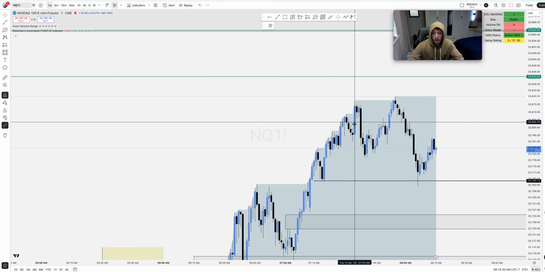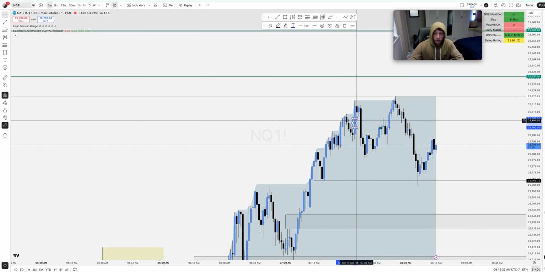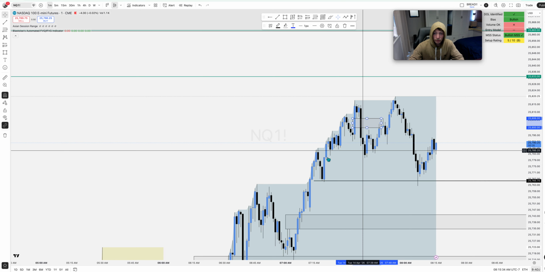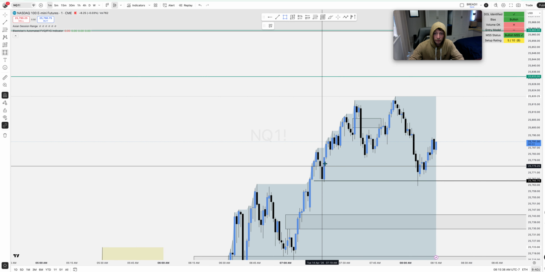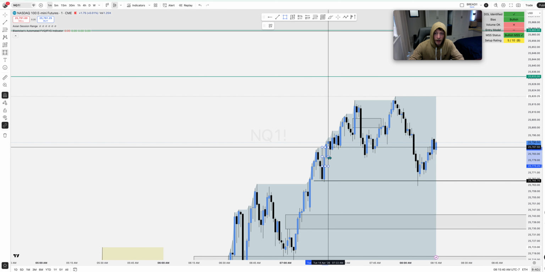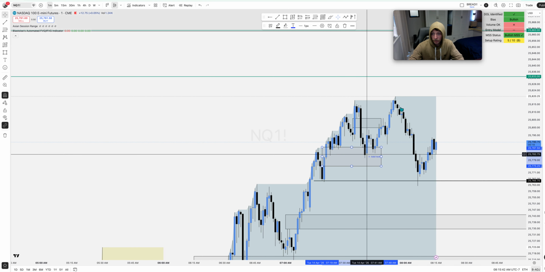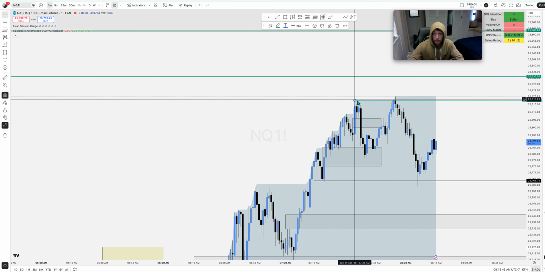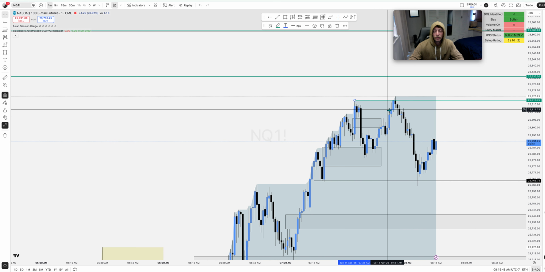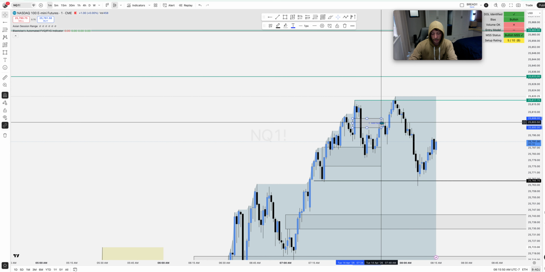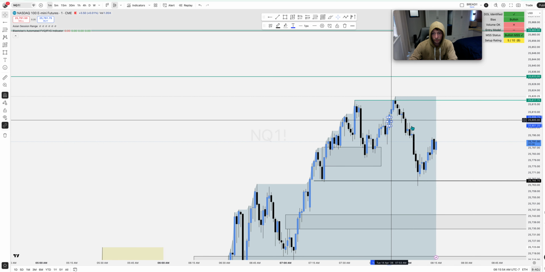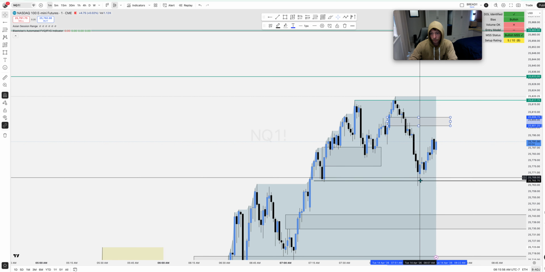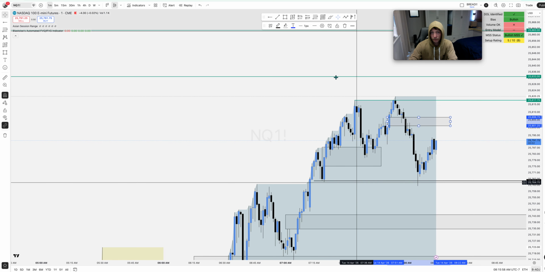There was a gap right here that sellers took out to lower, but we came into this area right here where there was two stacked bullish gaps, which is why we bounced off of that to higher, which ultimately stopped those people out. And then when we stopped those people out, that's when this second gap right here started to play out for lower, which is how this draw got taken up.